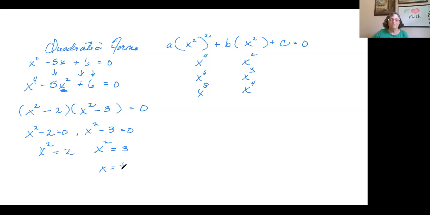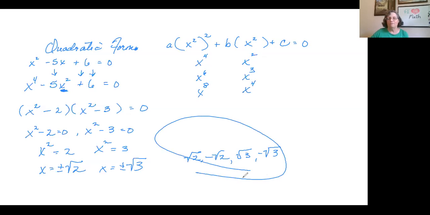This is going to be x equals plus or minus the square root of 3. X equals plus or minus the square root of 2. So for an x to the 4th, I get 4 answers: square root of 2, negative square root of 2, square root of 3, and the negative square root of 3.